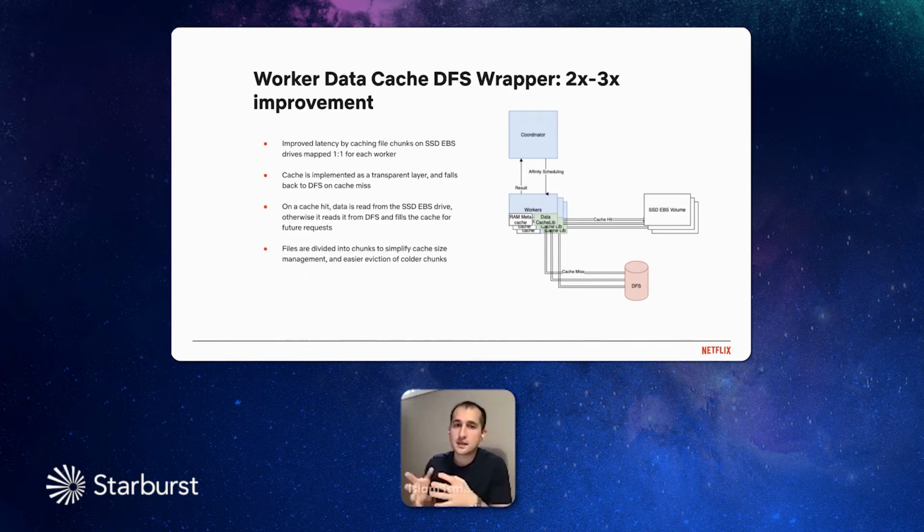So you can just stick it between your file system and your worker node. Basically, if you point it towards a volume that you can use for cache, on request to read a file from S3, it will read that file and then put it in the cache so that the next access is much faster.